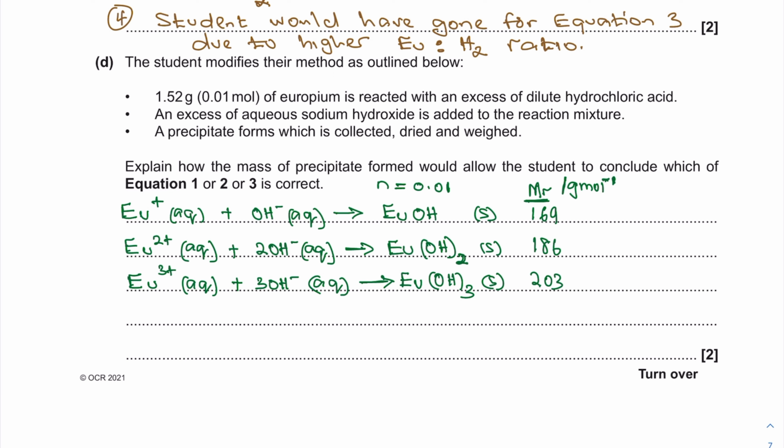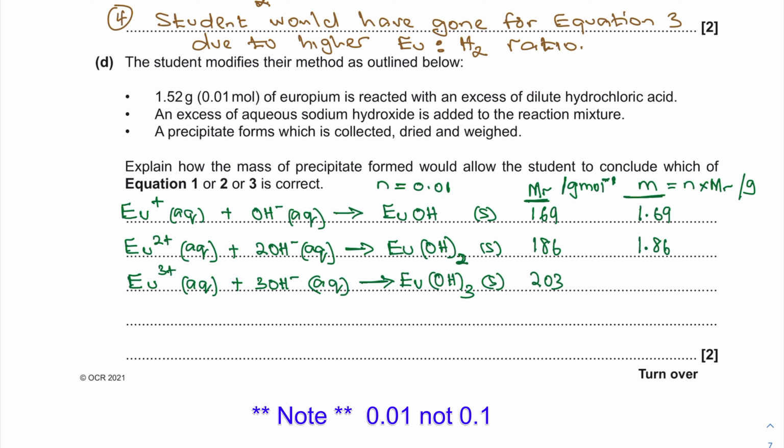Well, we know the mole for each one of these. The mole is 0.01, so we can find out the mass. We know the relative molecular mass, and we can calculate the mass, because mass is mole times relative molecular mass, since we know that mole equals mass over relative molecular mass. We just cross multiply and we get the mass. So the mass in this case will be 0.01 times that value, and that will give you 1.69.